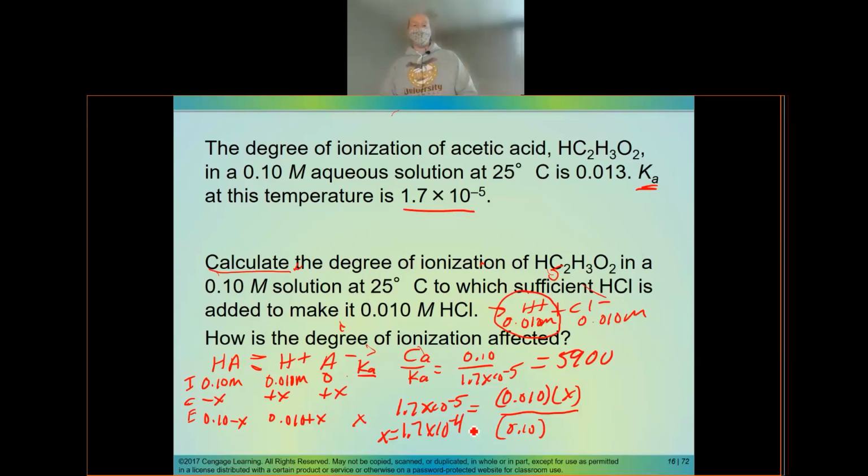Now to get your degree of ionization, remember, you take your x divided by your initial concentration. If you wanted percent, you would multiply by 100. This just wants the degree. So x is 1.7 times 10 to the minus 4 divided by the initial concentration, 0.1. And that gives you, in decimal form, 0.0017. So your degree of ionization is 0.0017, versus what it was before, 0.013.